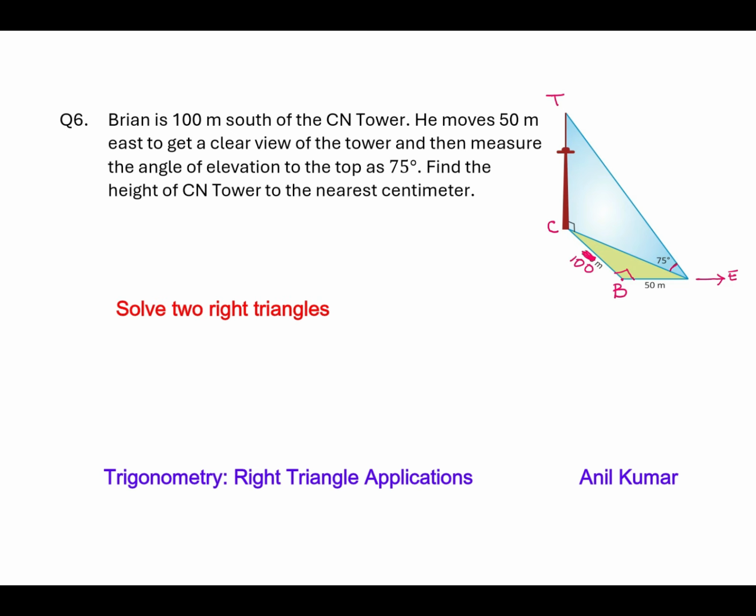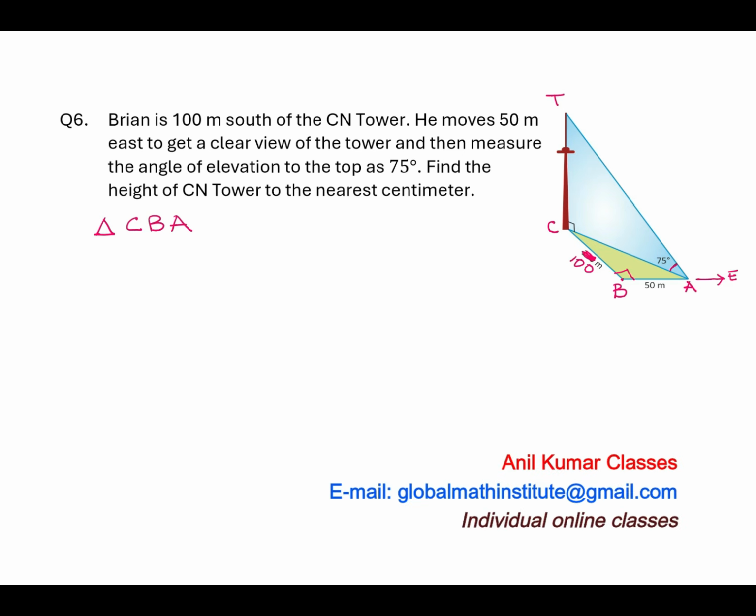We have two right angle triangles. So let us first solve the triangle CB, and let's call this A, from where the angle of elevation is being measured. So triangle CBA. In triangle CBA, we can relate the sides with the Pythagorean theorem.